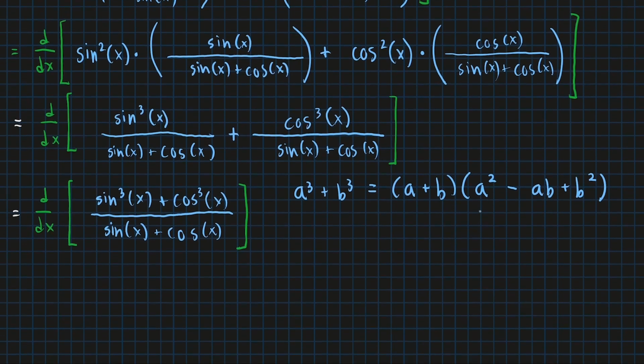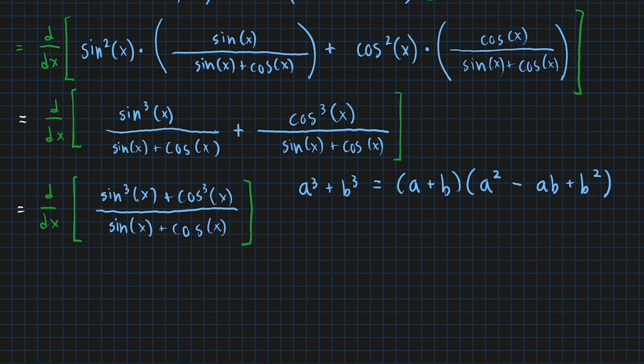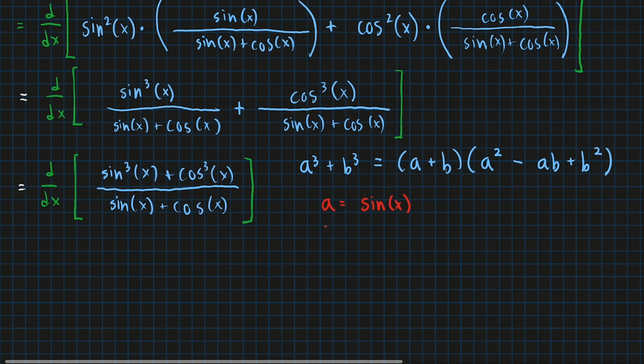Why is this helpful for us? Well, you'll see. Let's write this down. Let's say a is equal to the sine of x. B is equal to the cosine of x.